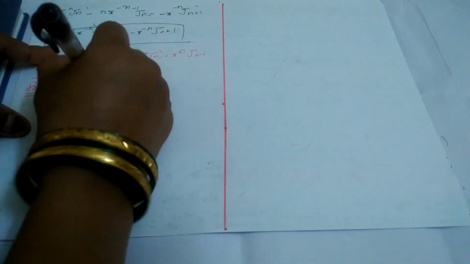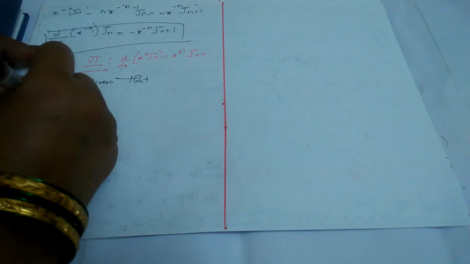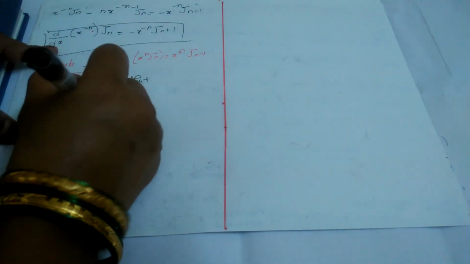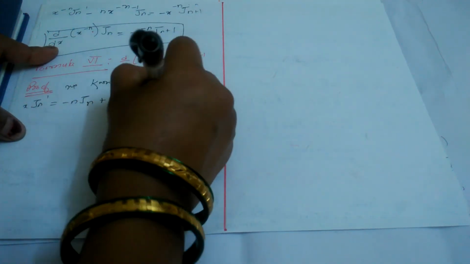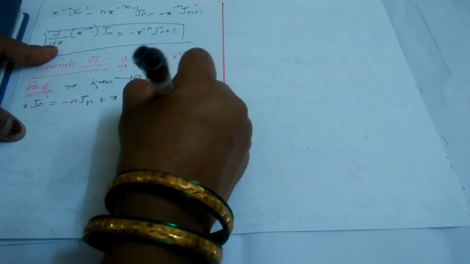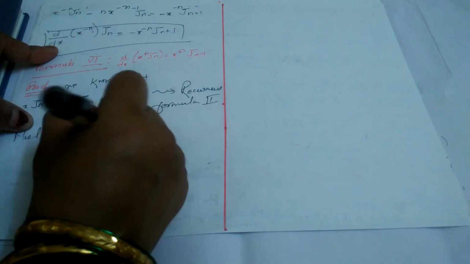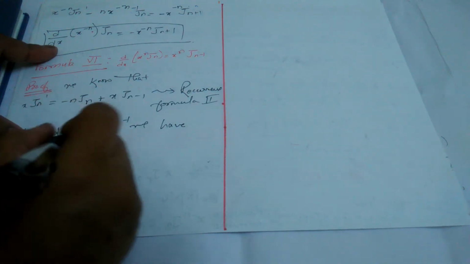we know that x Jn dash is equals to minus n Jn plus x J n minus 1. So this is my recurrence formula number 2. Multiply by x raised to n minus 1. So we have x raised to n J of n dash.